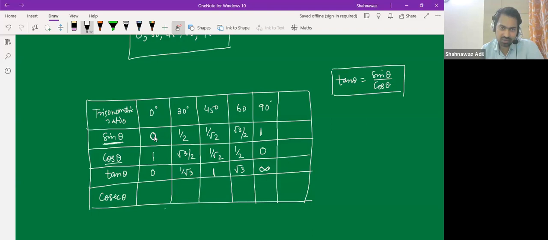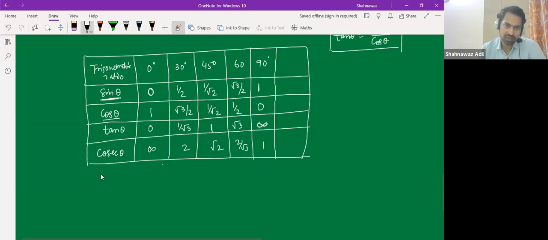So this should be 1 by 0, so not defined. Then this is 2, then this is root 2, this is 2 by root 3, and then this is 1. Right. So we can similarly calculate sec theta.